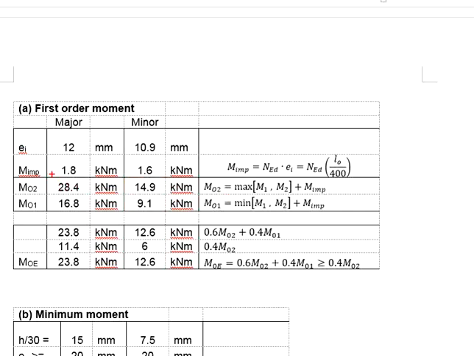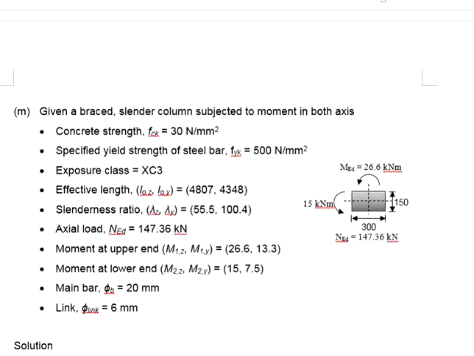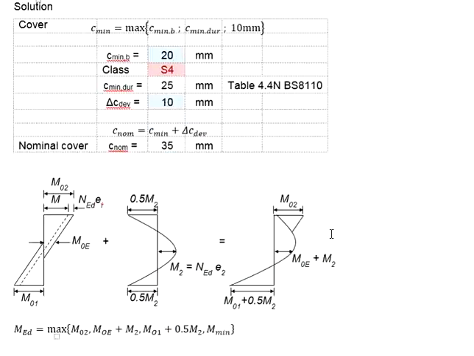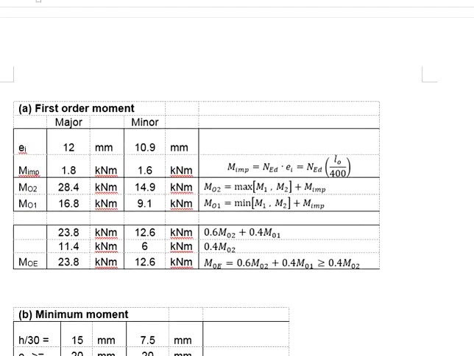Let's say we need to calculate the M02 for the major axis. The moments acting on the major axis are 26.6 and 15. The bigger value will be 26.6 plus M due to the imperfection, which is 1.8. You get 28.4.